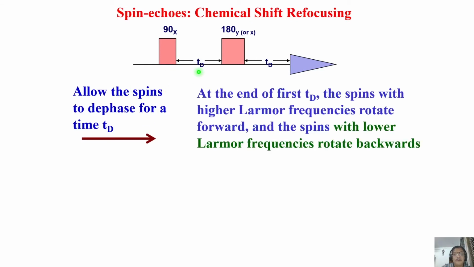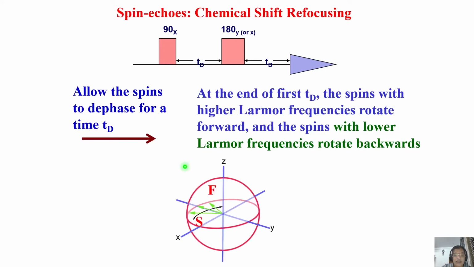Please remember, the spins start dephasing. How do they dephase? They start moving like this. At the end of the first TD, the spins with higher frequency rotate forward, and those with lower frequency rotate backwards. You remember, with respect to the rotating frame of reference, we discussed that entire magnetization is initially along this axis, all the nuclear magnetic moments. Now, when they start dephasing, some will start moving like this, some like this. With respect to the on-resonance frequency, this is our carrier offset, let us say.